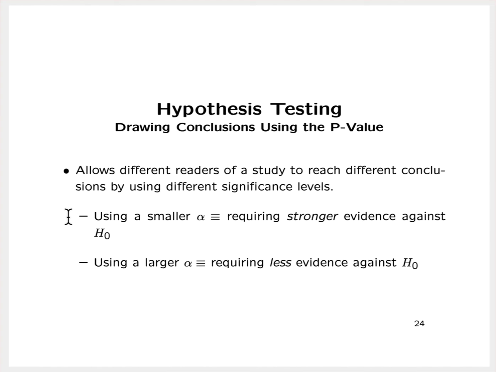That person will use a smaller significance level, a smaller alpha, than somebody who doesn't require as much evidence to reject that null hypothesis. In this way, different readers of a research study will be able to draw their own conclusions based on the level of evidence that they deem appropriate in order to reject that null hypothesis.